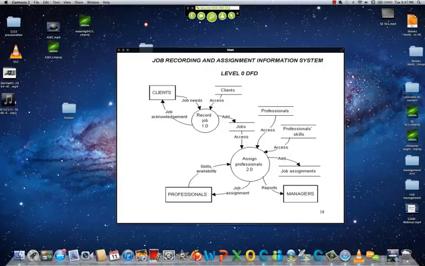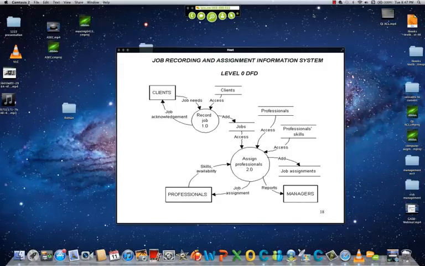Okay. And now you have another process to assign professionals. This process accesses information about jobs, current jobs which need employees to be assigned to, accesses information about professionals, accesses information about professional skills, and creates a job assignment.